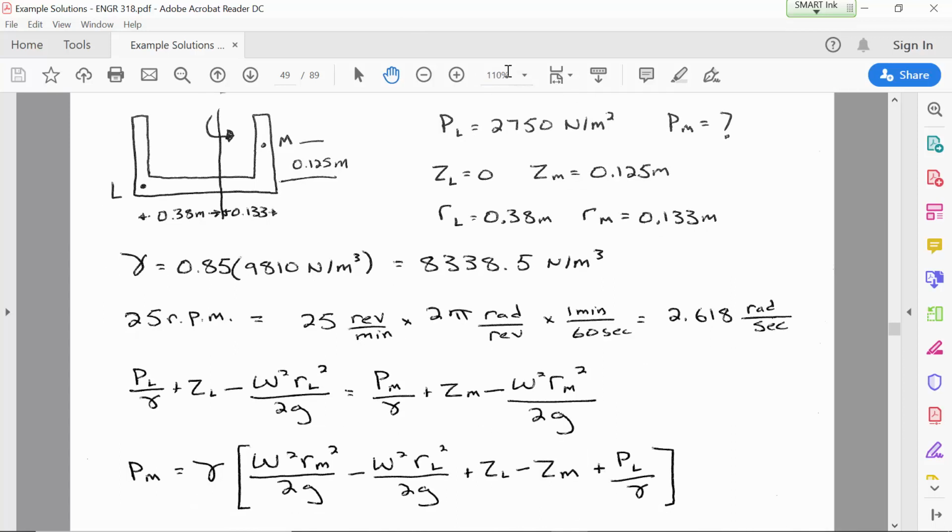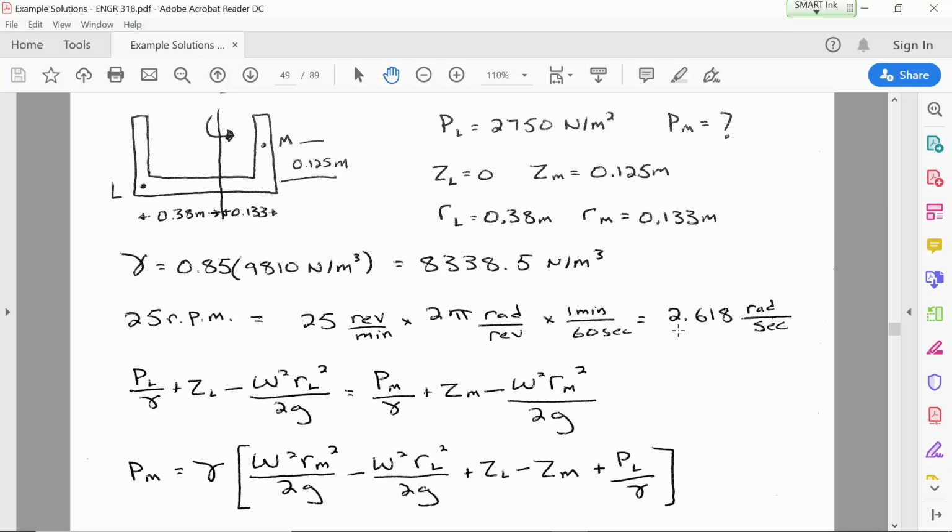Okay, so we have to convert from revolutions per minute into radians per second. So multiply by 2 pi, divide by 60, and that gives us 2.618 radians per second. By the way, if you just round that off to 2.6, then your answer is only going to be accurate to 2 digits.